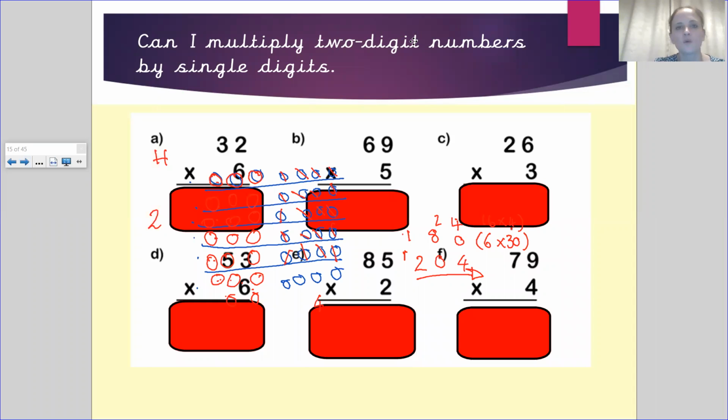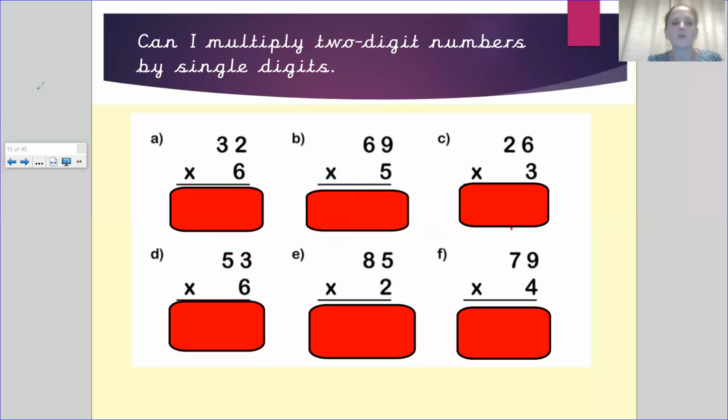So what I would like you to do is to work out the following questions before we carry on. Make sure you are using the method that we've just taught. You can either draw the counters into their groups, so you would have 6 groups of 32, 5 groups of 69, 3 groups of 26, 4 groups of 79, 2 groups of 85, and 6 groups of 53.